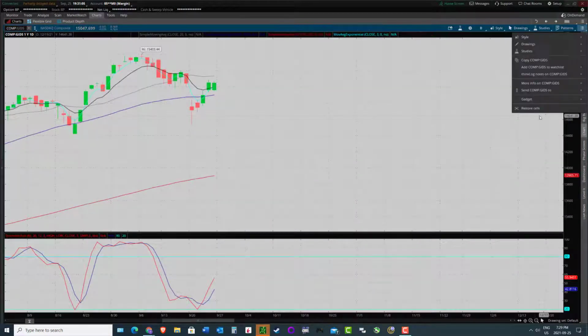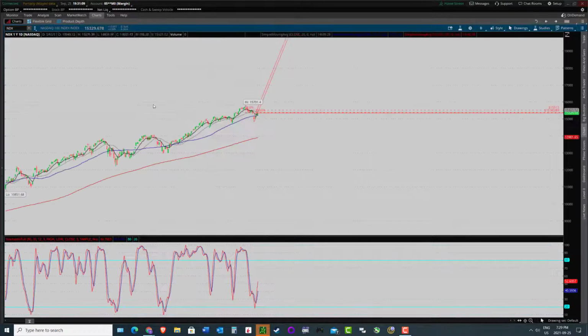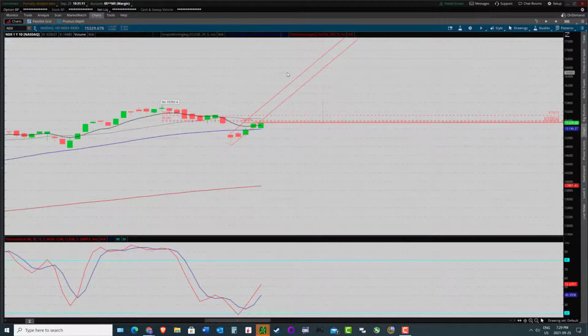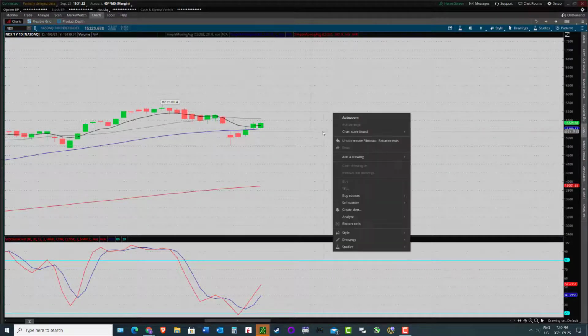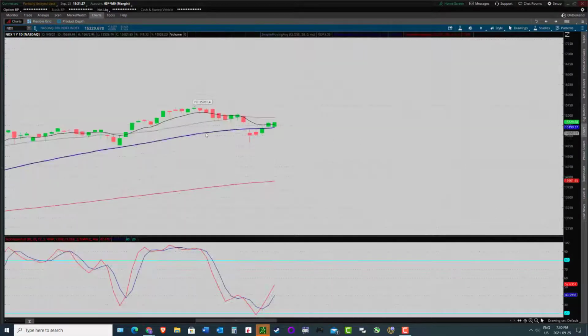I don't know if the Nasdaq 100 looks any different. Let's have a quick look here. Hang on. Let's clean this up. Okay. Yeah, it really doesn't look a whole lot different.